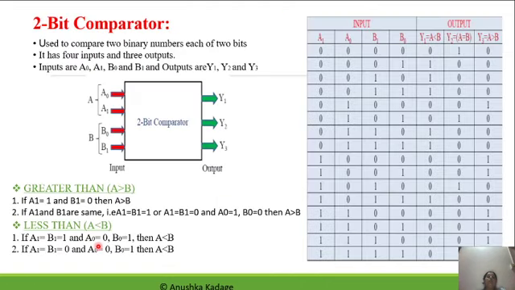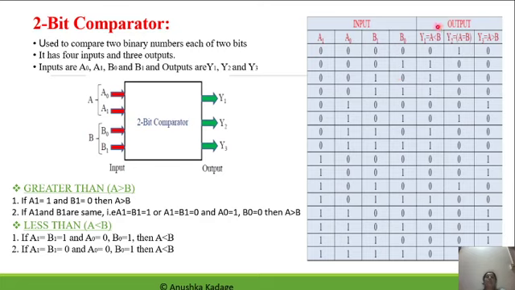Now again, from this whole truth table, we have to write down the K-map to obtain the logic diagram. The K-map is separately written for Y1 output, Y2 output and Y3 output. The K-map should be a 4-variable K-map, because we have 4 inputs specified in this truth table.